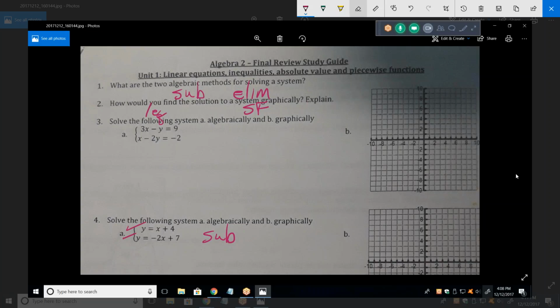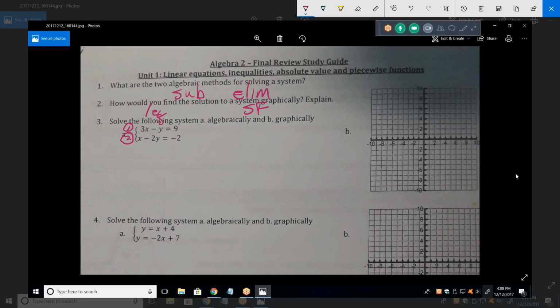Okay. Now, let's talk about elimination, number 3. I'm going to call that equation 1 and that equation 2. Now, the idea is to add the two equations or subtract them. You can do either one. Either one of them is allowed. And in the process, eliminate a variable. Well, I can't eliminate a variable as long as they're in this format.